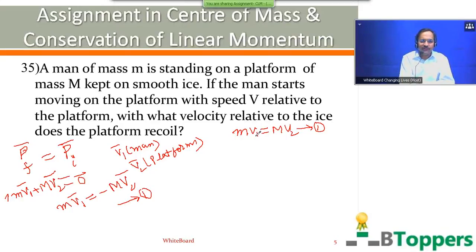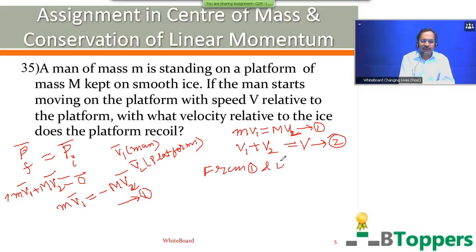V1 is the magnitude of the velocity of the man with respect to a stationary observer on the ice surface. V2 is the magnitude of the velocity of the platform with respect to the stationary observer on the ice surface. When you consider magnitude, the negative sign can be omitted. When the two velocities are in opposite directions, the magnitude of relative velocity, as I discussed earlier in vectors, will be the ordinary sum of the magnitudes of the two velocities, which is given to be equal to V. So I have to solve these two equations.